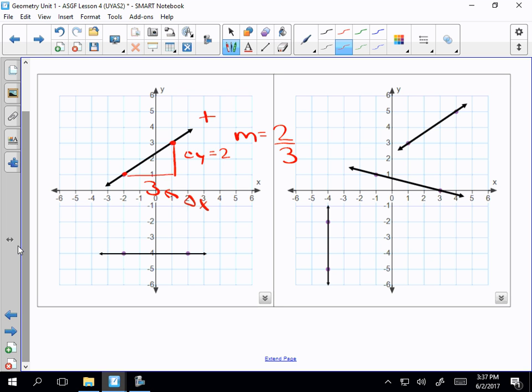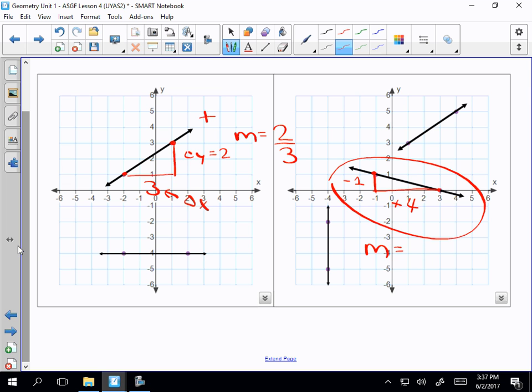Now let's look at a negative slope. We have a negative slope in our line right here. Going from point to point, drawing our triangle, as we go from left to right, we're going down 1, but we're still going to the right 4. So we have a positive distance being traveled in terms of x, but our y value is going down.